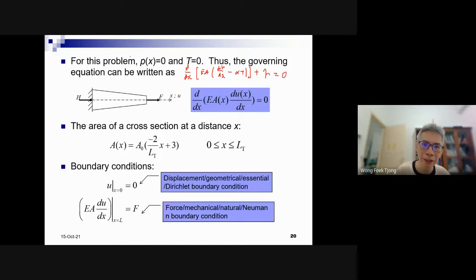But in this case, P is 0. There is no axial force like this, so we can remove it. And there is no temperature change. We assume that from undeformed to deformed, the temperature remains the same, so this will be 0, right? So the equation becomes this one. Is it clear?